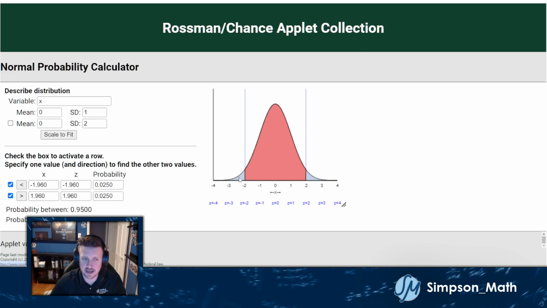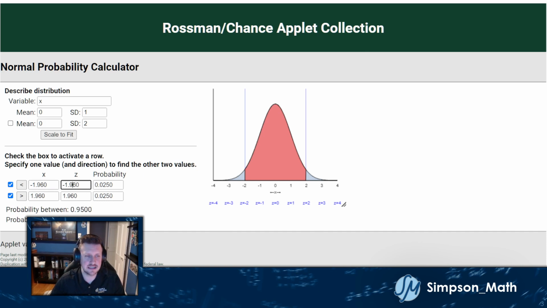The area less than that is 2.5%. On the upper side, a positive 1.96, that's this line up here. The area to the right of that, greater than that, is 2.5%. And look what's in the middle, the probability between those: 95%. So especially in this middle percent game, when you put in the numbers, double check that the probability between your numbers is the number you're looking for.